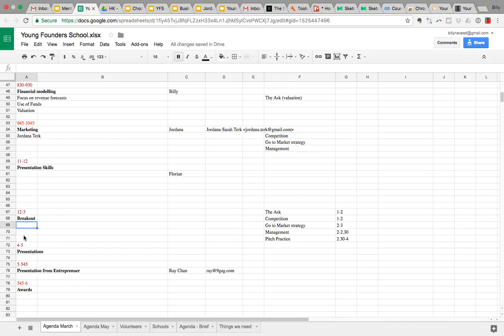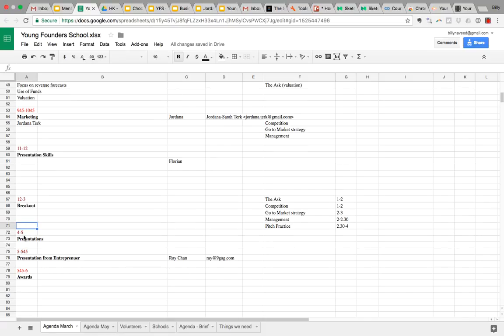Back into the breakout, they finish their slides, and then at the end, usually for that last hour between 3 and 4, we'll be having pitch practice, and then presentations between 4 and 5 p.m. Whilst the judges are deliberating, so there's no dead silence, we actually will be having a presentation from an entrepreneur, a fireside chat, which enables the kids to relax and listen to the entrepreneur whilst the judges add up all of the different points, and then finally there's an award ceremony.